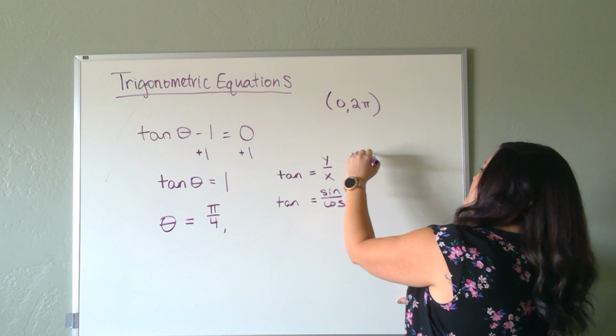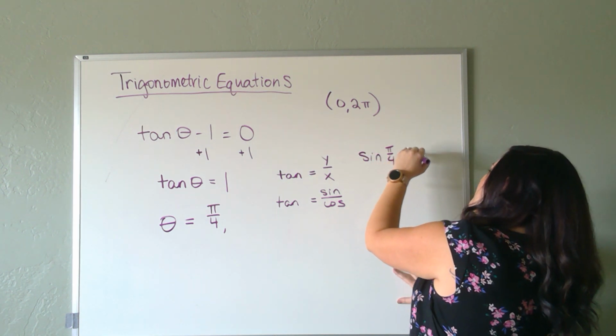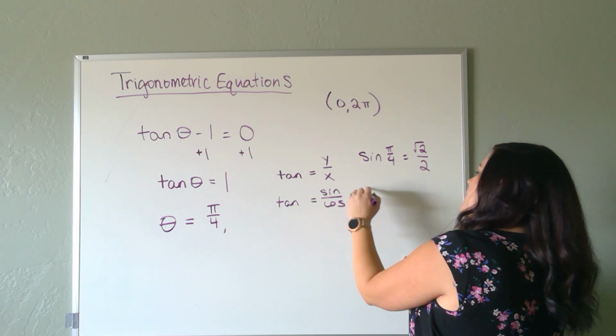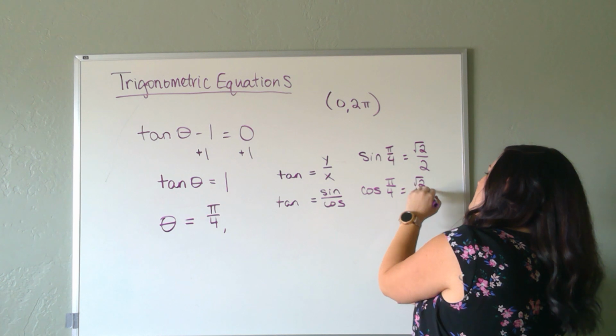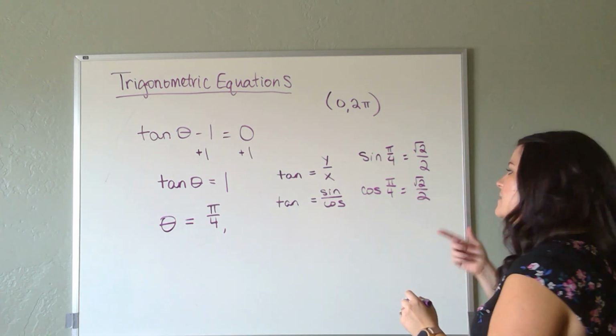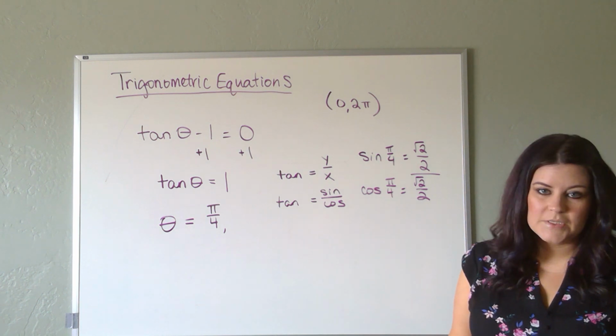Well, because the sine of pi over 4 is root 2 over 2. The cosine of pi over 4 is also root 2 over 2. What happens when you put those as a fraction, sine over cosine? That's where you get 1.